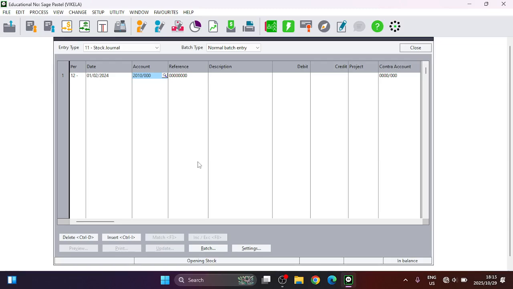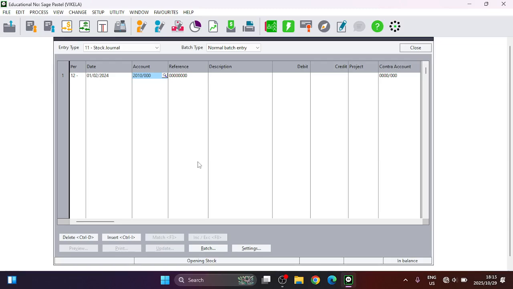Remember that in the income statement or statement of comprehensive income, at the end of the financial year, or even at the end of the month, depending on how this company operates, all the entries in the income statement will be closed off and no entries will appear, because at the end, the net profit or retained income, or retained loss or net loss, will be transferred to the capital account.